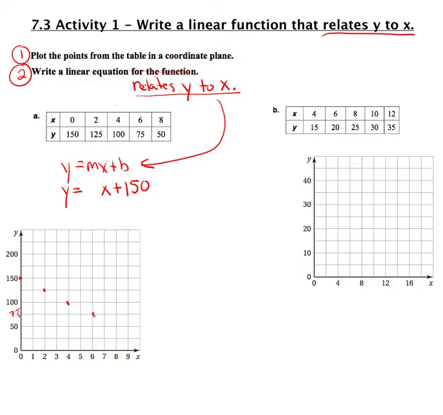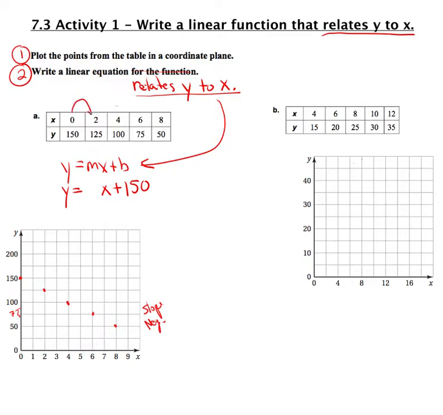So we have to look at our scale, and it's down 25 and over 2. So I notice that it's going in a downward slope. So my slope will be negative for this one. I want to make sure when I calculate my slope, it's going to be a negative slope.